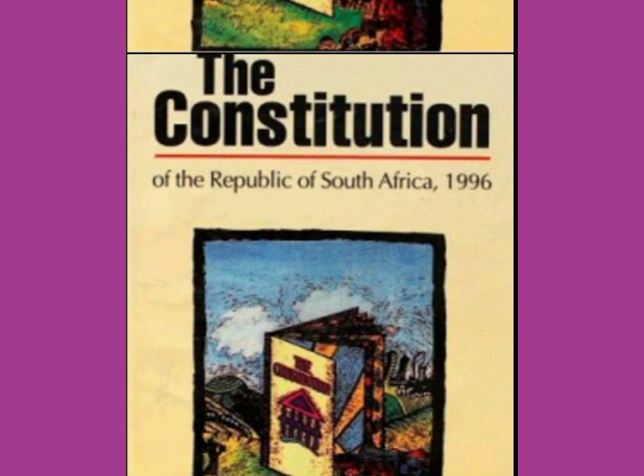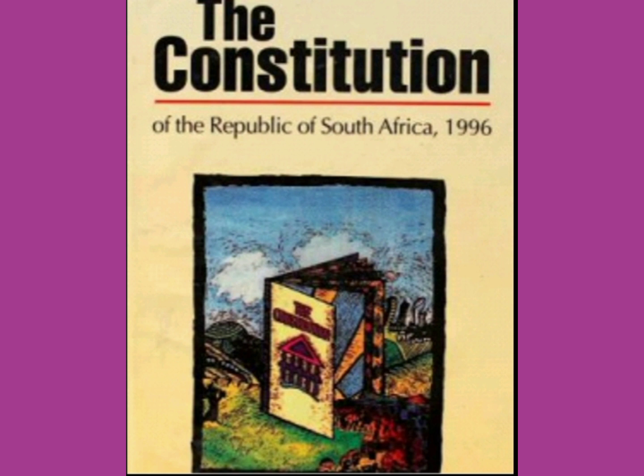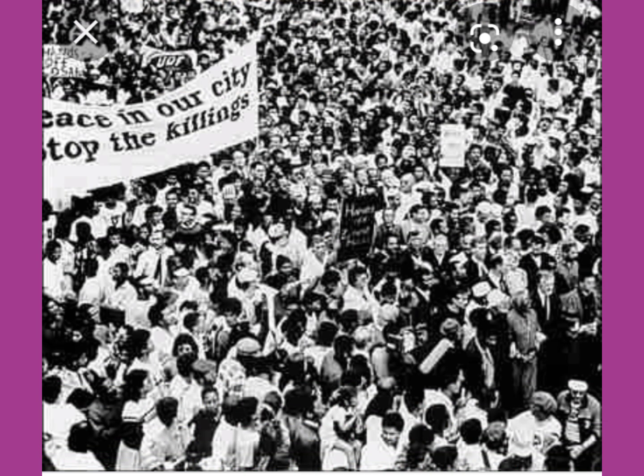The South African Constitution inspires democrats all over the world. Before 1994, South Africa was seen as one of the most undemocratic countries, but after 1994, it came to be known as one of the countries that had the best democracy.